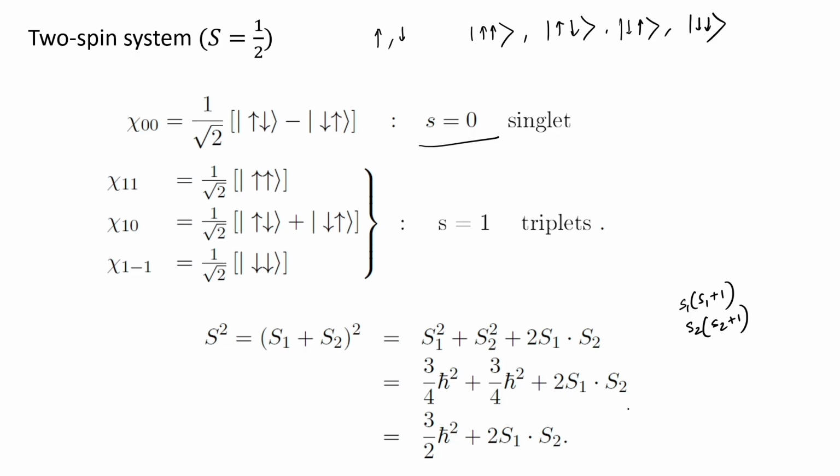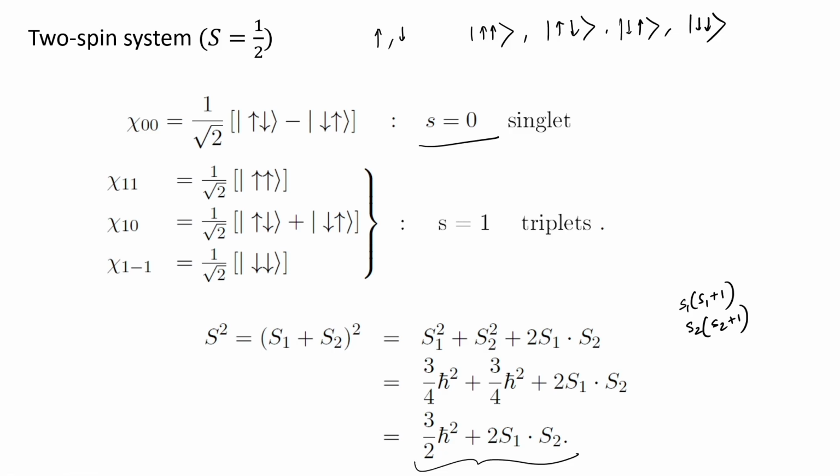Both are 3 by 4 h cross squared, taking S equal to half h cross. So, S squared gives a value 3 by 2 h cross squared plus 2 S1 dot S2.